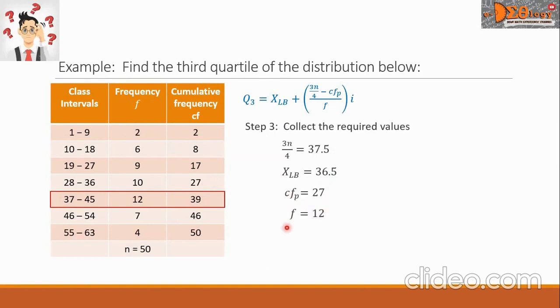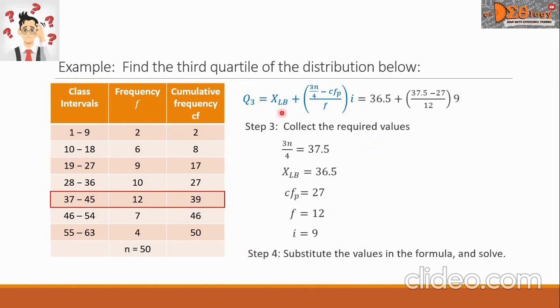The F is the frequency of the third quartile class. This is the number 12 that we copied here. I is the class width, and this is equal to 9. It means for every class here, there are 9 numbers included. For step 4, we substitute the values in the formula and solve.